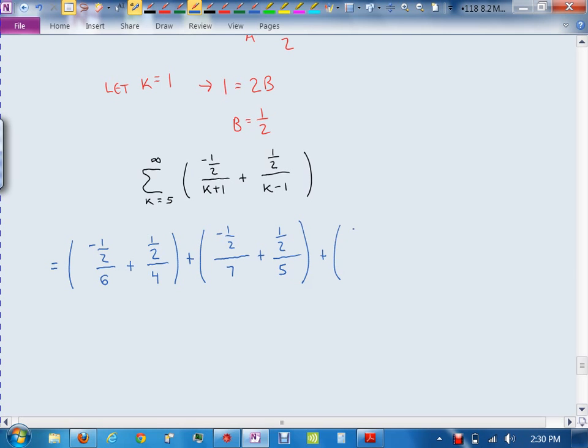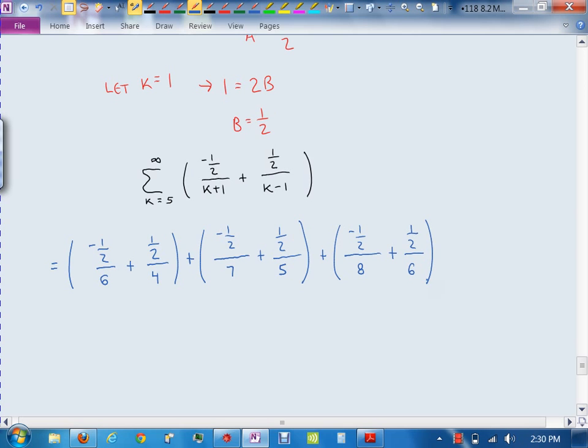Plus negative 1/2 over, where am I? 7, 8, plus 1/2 over 6. Right? But they're all being added. Nothing was canceling, right?